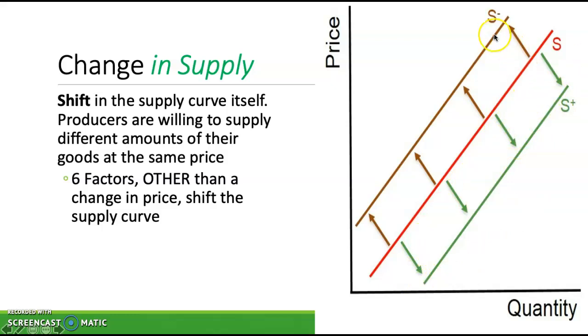And then the opposite is also true. This brown supply curve labeled S minus is a decrease in supply. Remember, left always equals less. So if we are shifting the supply curve to the left, this is showing us a decrease in supply. And once again, if we are shifting it to the right, that is an increase in supply.